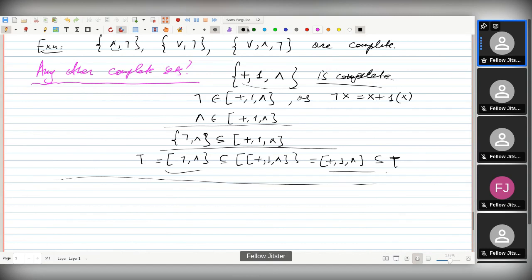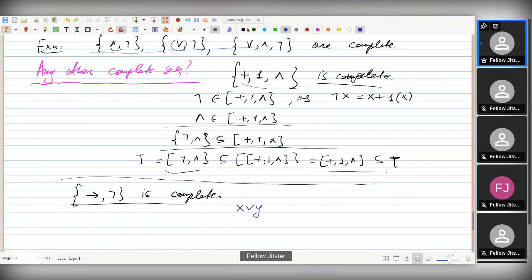Likewise, for example, you may say that implication and negation is also complete. Why is it so? As usual, it is enough to express every function from some set known to be complete. For example, it is enough to express, say, disjunction. But what is disjunction?